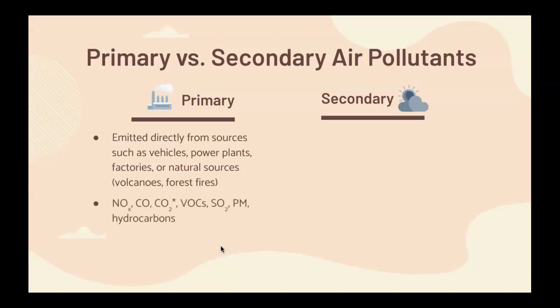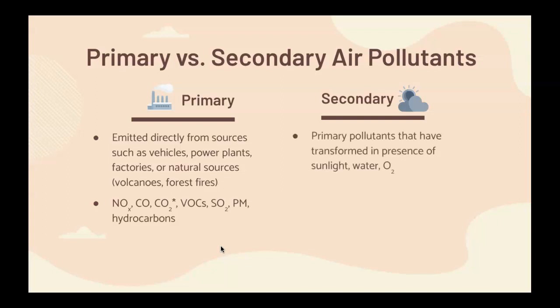So our primary pollutants are nitrogen oxides, our carbon monoxide, our carbon dioxide. Remember, it's not a criteria air pollutant. VOCs, which are volatile organic compounds, our SO2, our sulfur dioxide, our particulate matter, and our hydrocarbons.